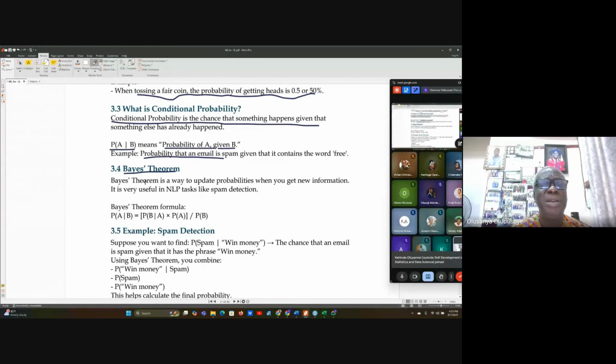Now, Bayes' theorem is a very popular theorem, and it has very extensive applications in natural language processing. It's just a way to update probabilities as new information is received.